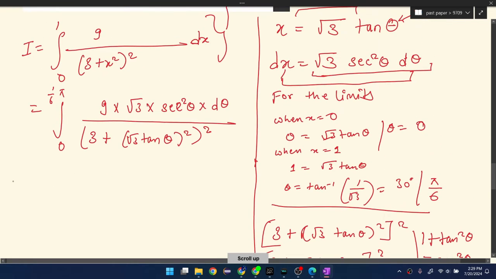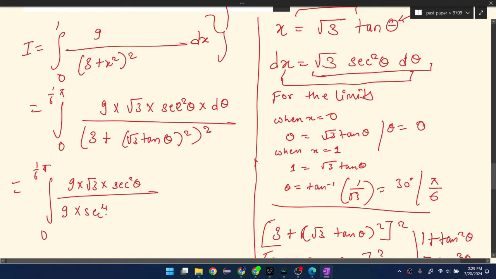So if we substitute that, we have the integral from 0 to pi over 6 of 9 into root 3 into sec squared theta, all over 9 into sec to the power 4 theta, d theta. So the 9s cancel, and the sec squared cancels too.